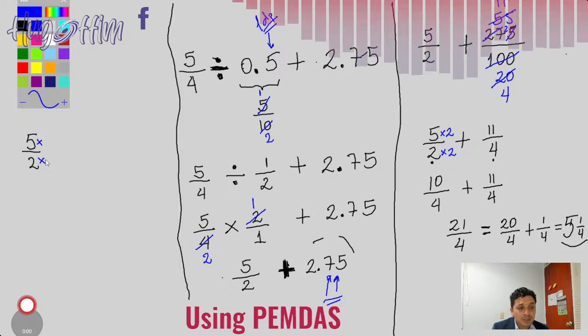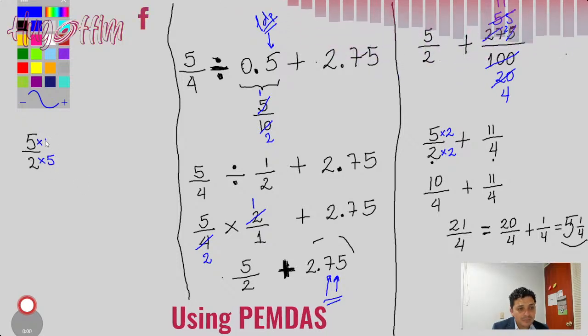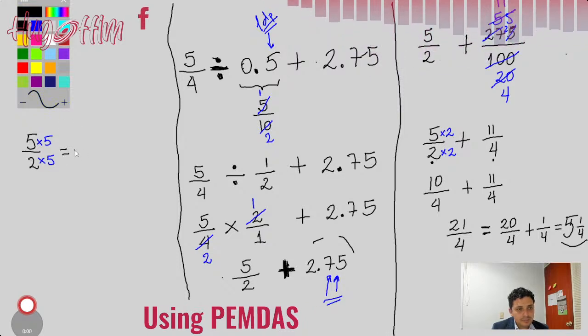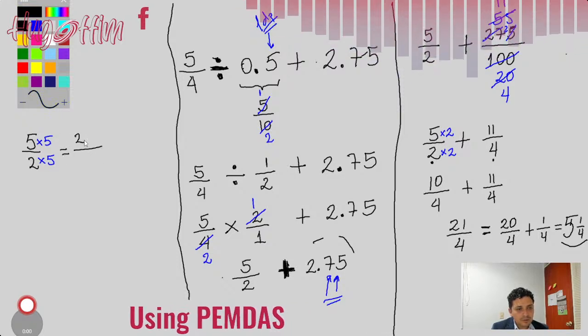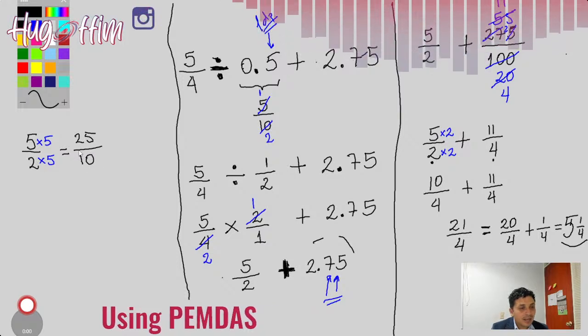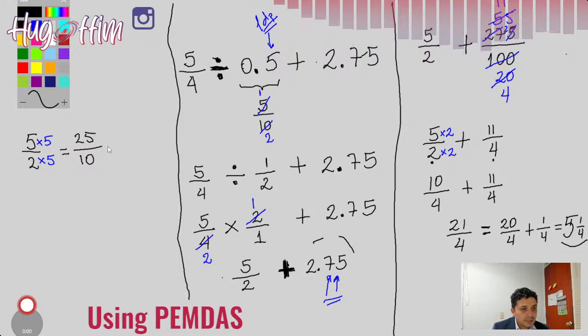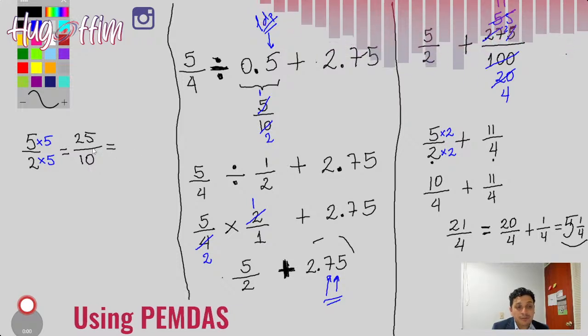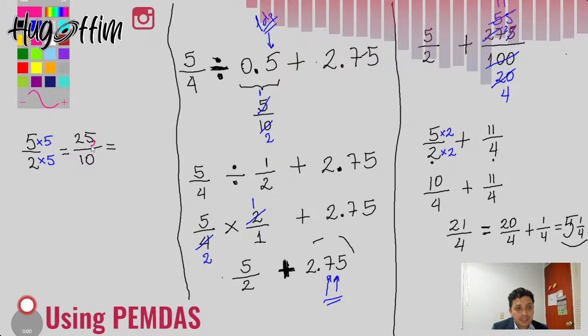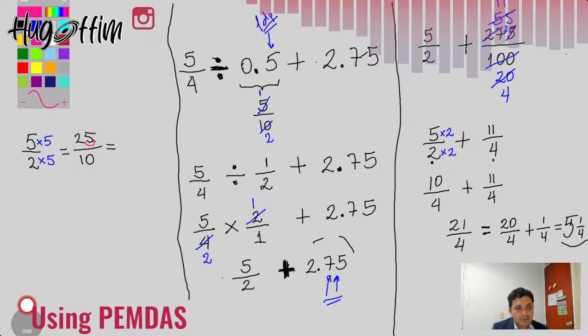So I can multiply 2 times 5 to get a power of 10. 5 times 5, 25. 2 times 5, 10. And I have 25 over 10. So remember that dividing by a power of 10 is moving the decimal point to the left once. So in this case, I need to move it here, 2.5.